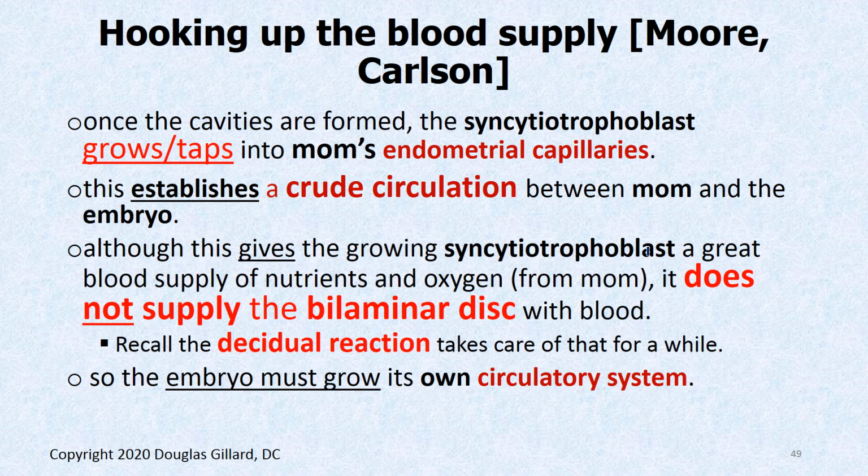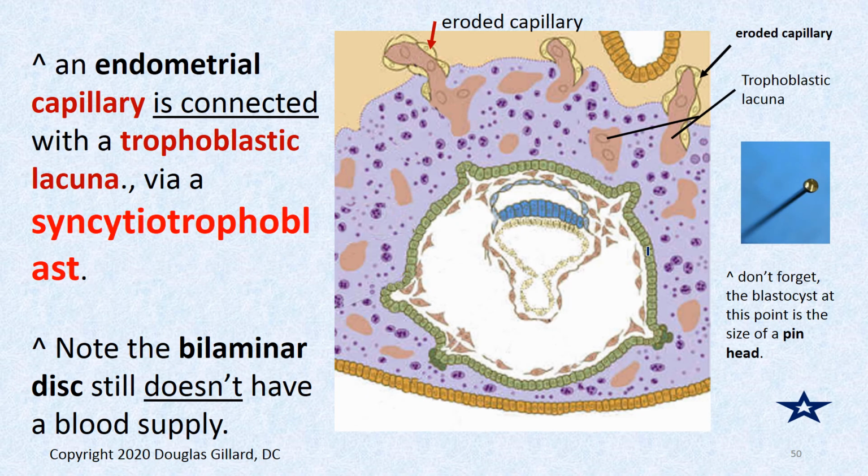So once those lacunae form, the syncytiotrophoblast cells somehow know where mom's blood vessels are, and they drive right into them, and they fill those lacunae up with blood. And so the cytotrophoblast is very happy because it has blood in it now, but the bilaminar disc has nothing, so it's not happy.